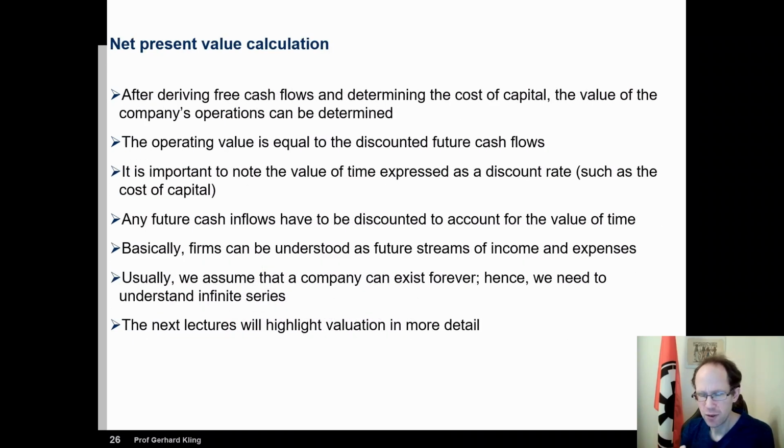Now, net present value calculation, I'm again sure this is covered in other courses. For me, I want to really focus on the application side of things. The idea, of course, is that money flows depend on timing, and time has value. That's the main idea. And so when we talk about value, we actually talk about discounted cash flows, and we talk about this in a lot more detail in the next unit.